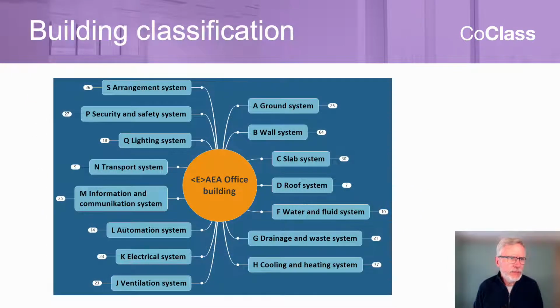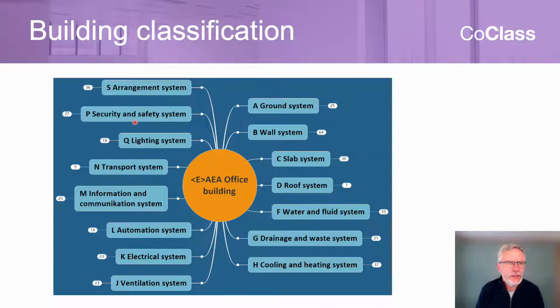So an office building would typically have a number of functional systems, being the ground, the walls, the slabs, the electrical system, the transport system with elevators and so on, lighting, security arrangement, all of that. And these are, of course, the basic functional properties of the building.